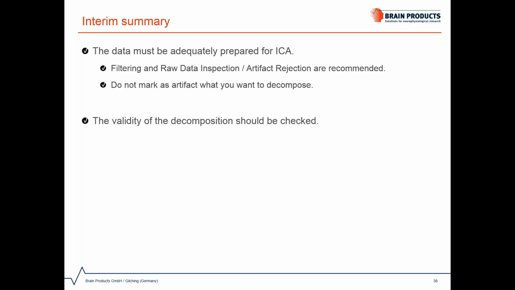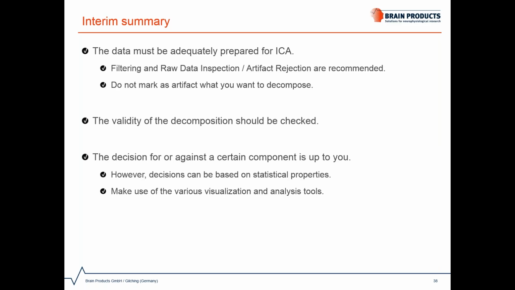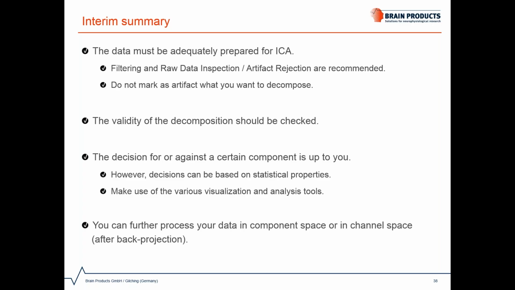After running ICA, you should check the operation infos and see if the algorithm converged. ICA will not label your components as you saw, so the interpretation and decision what the component is up to you. And use the available visualization tools that I just showed you to base your decision. And if you want to work in component space or channel space after back projection is up to you.